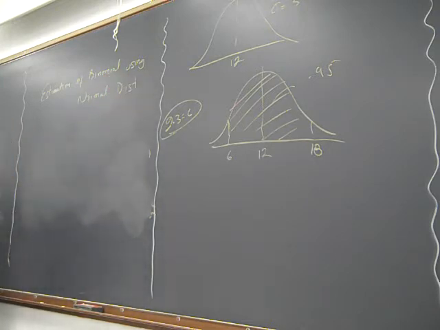Okay? Remember that we did this in the previous chapter using the Poisson distribution. We estimated the binomial distribution using the Poisson distribution. Now we are going to use the normal distribution to estimate the binomial distribution.